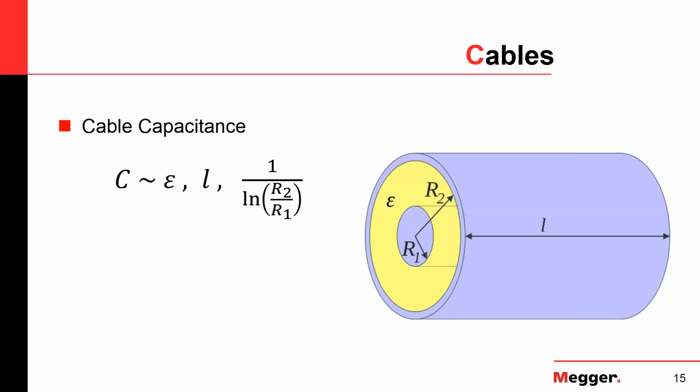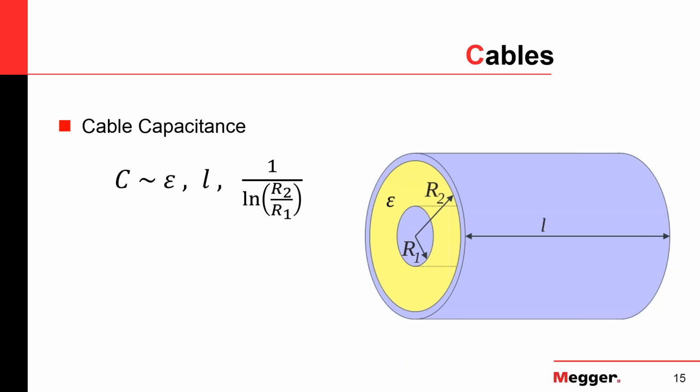So the cable has a capacitance. That capacitance is proportional to a few physical, mechanical design parameters. So the epsilon that you see here, that's a typical abbreviation for the material of the main insulation. For XLPE, this is typically 2.3 or 2.4.